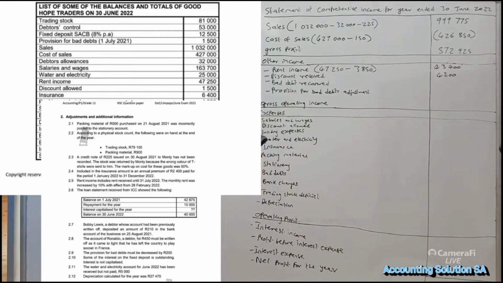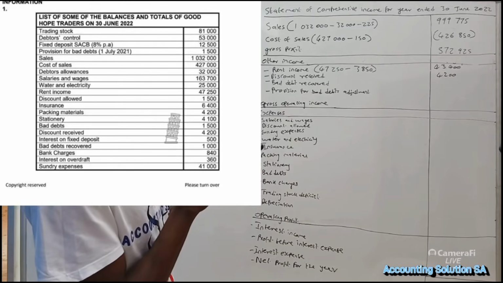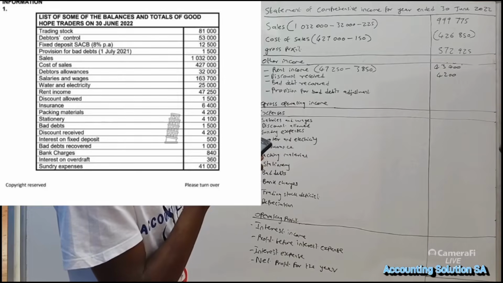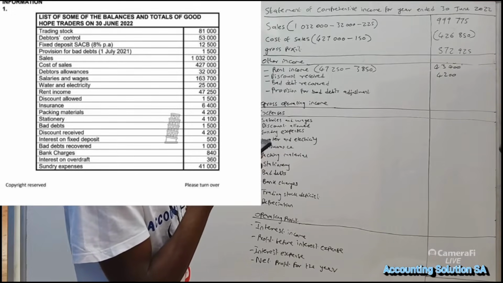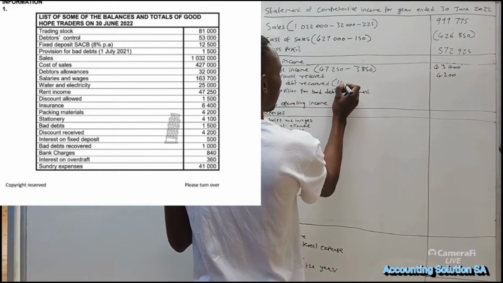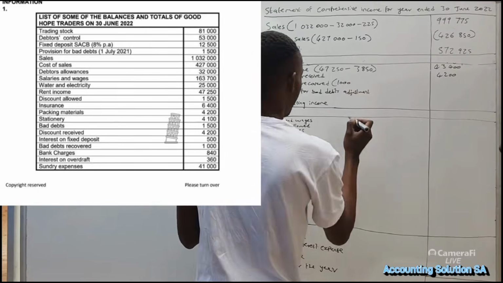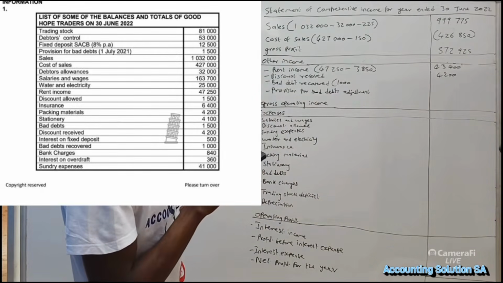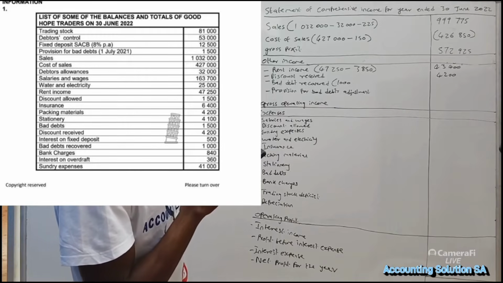Another one, we have a bad debt recovered. Okay, bad debt recovered, on the trial balance they give us an amount of 1,000. Then after that we have to check the additional information.